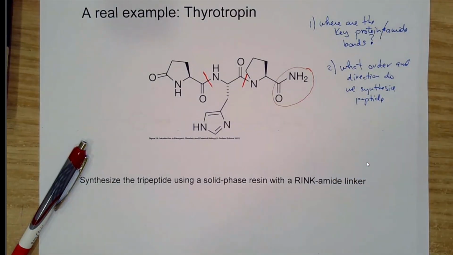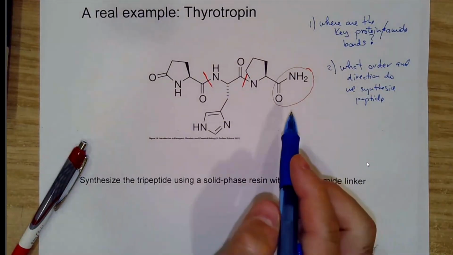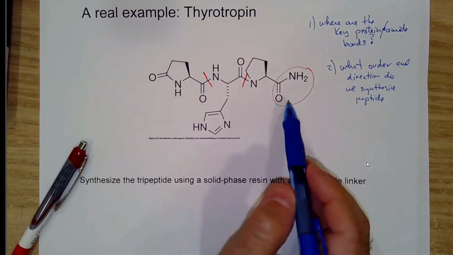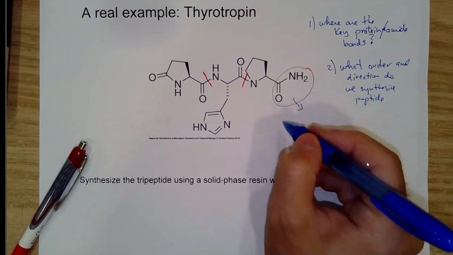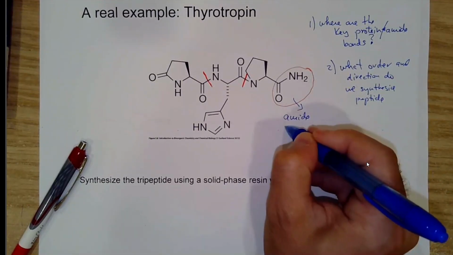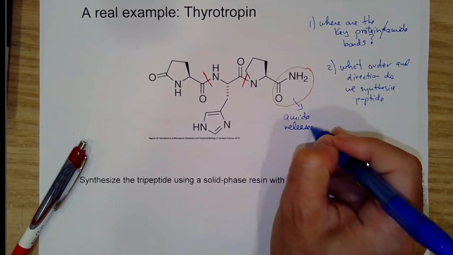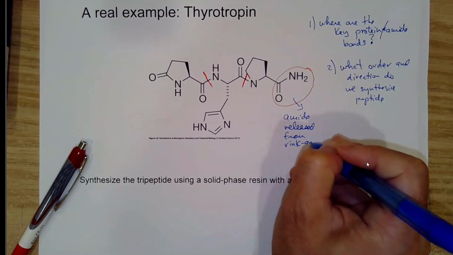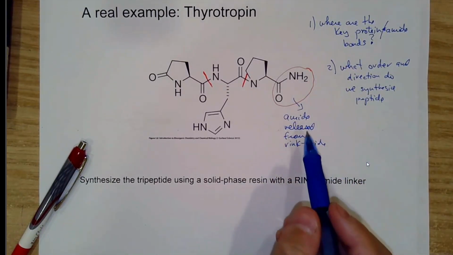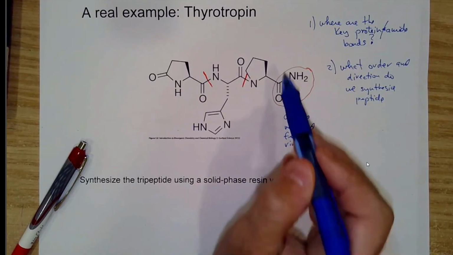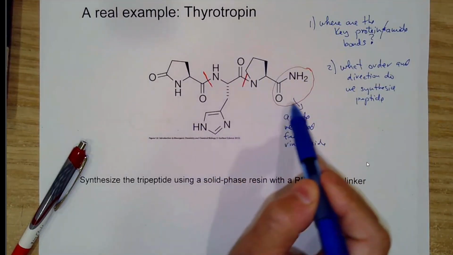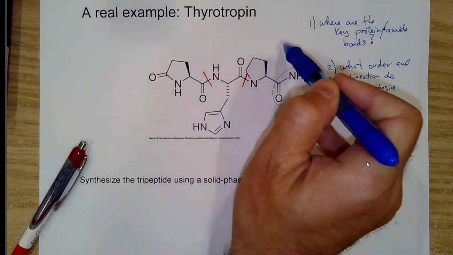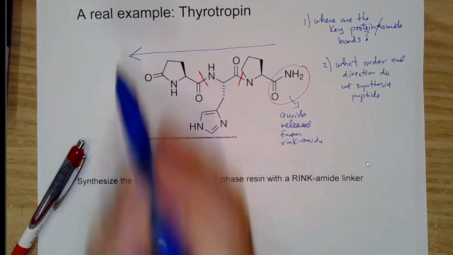Okay, so the way we do this is that this is the amide released from the Rink amide, and this is our clue that this is our starting material, our first amino acid, and we have to start growing it in this direction.